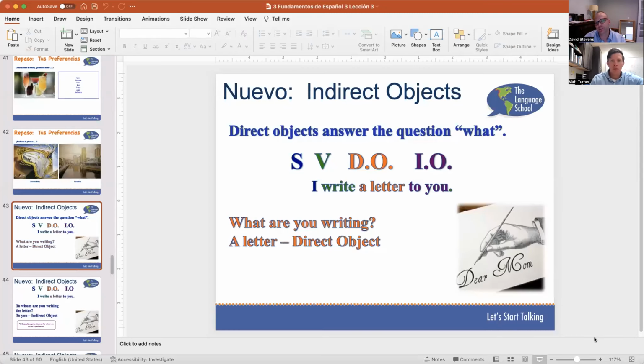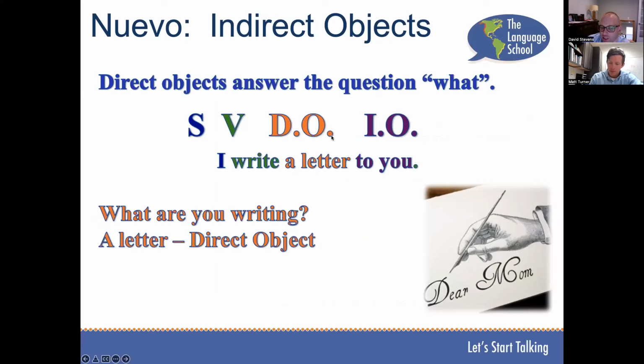So let's get back to the lesson. All right, so we were talking about the direct object. Does that make sense to you that when you ask the question what, along with the verb, what are you writing? You get the direct object, a letter. So that directly consumes the action.